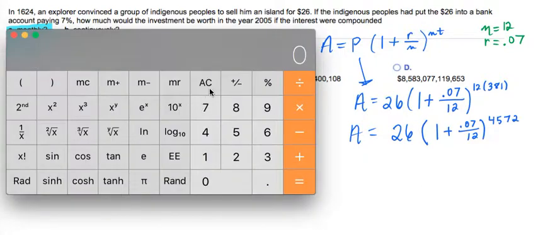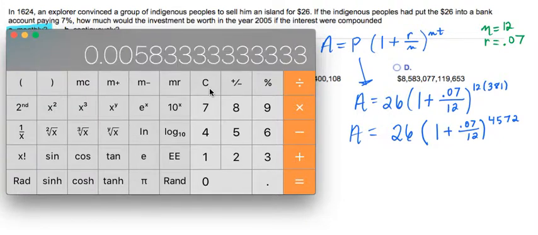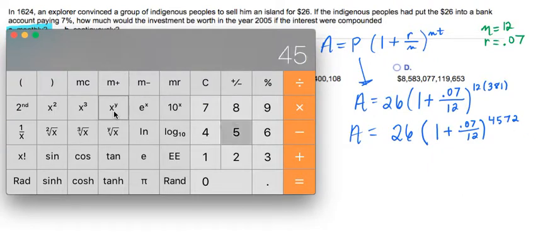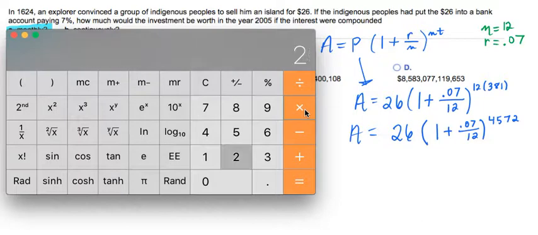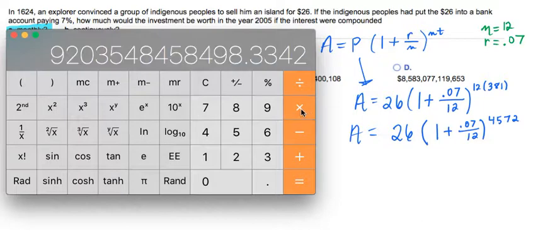Actually, let's do 0.07 divided by 12 to get that. Now we're going to add the 1, so plus 1. We're going to raise that to the power of 4572 and multiply that times the initial amount of 26. Wow, that's a large number.